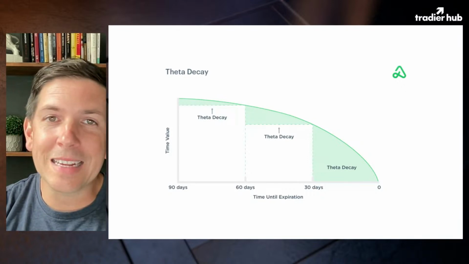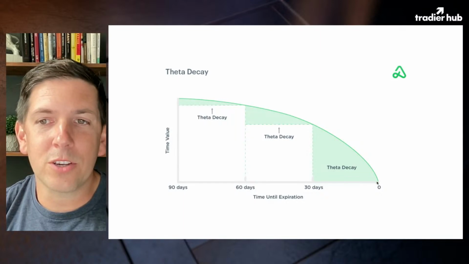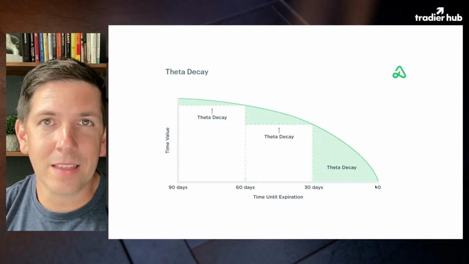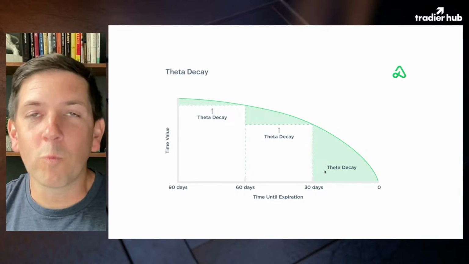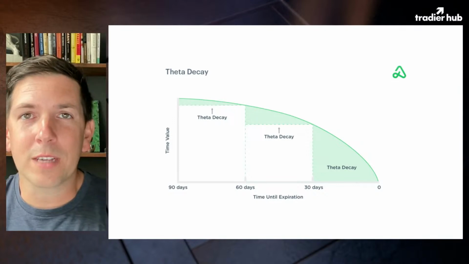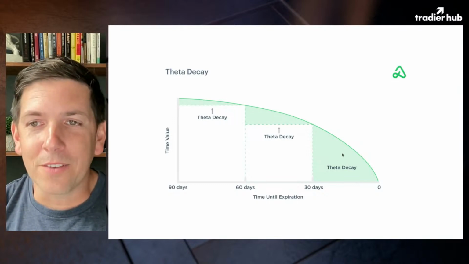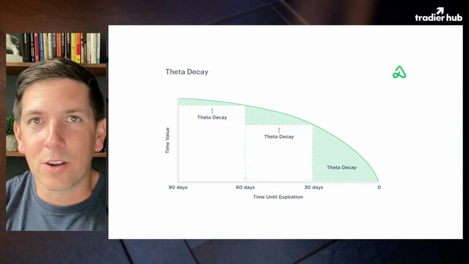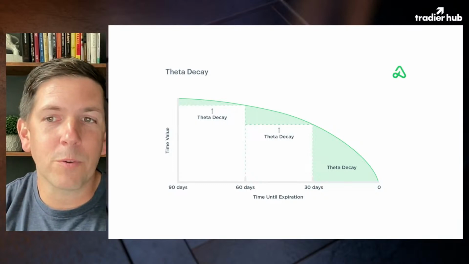It's not until you get into the last 30 days of the expiration of that contract, going from 30 days until the last day the contract is available for trading, that you get the really big acceleration of theta or time decay. And I think this is what a lot of options traders salivate over: they're putting on positions, they're getting time decay because things aren't moving against them aggressively, and the decay of the position is where they make their money.